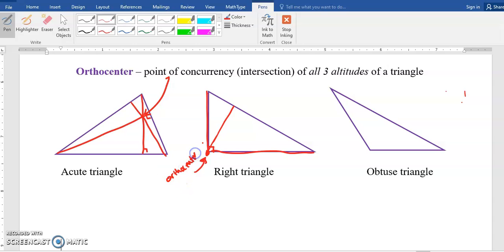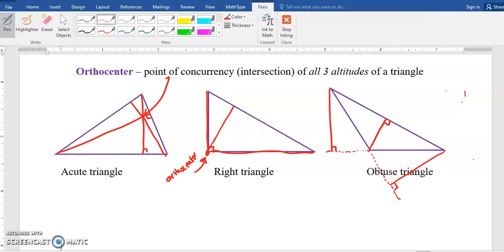And then in an obtuse triangle, it actually ends up being outside the triangle. We have to draw it. I have to extend the sides so that I can be perpendicular to them. I'm just going to do the piece right there first. This one I have to extend so I can be perpendicular to it.